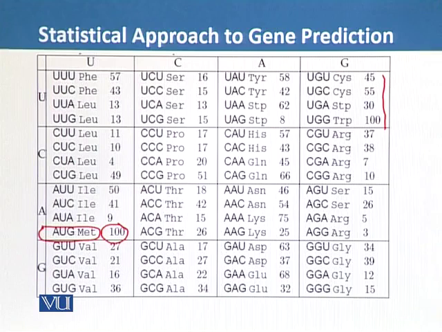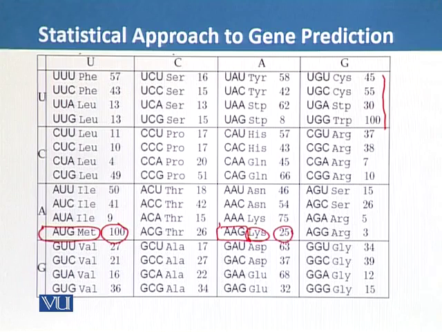For example, among all the lysine residues in all the proteins in a genome, the AAG codon codes for lysine, and whenever this codon is used to produce lysine, its frequency is 25%.